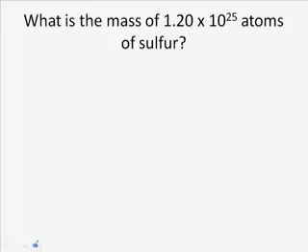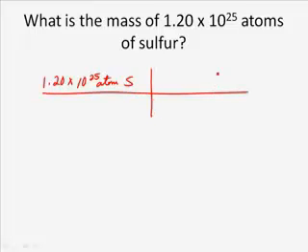What is the mass of 1.2 times 10 to the 25th atoms of sulfur? We want a mass in grams. Again, 2 steps. So we're going to go atoms to moles, and then moles to grams. 1 mole, 6.02 times 10 to the 23rd atoms.